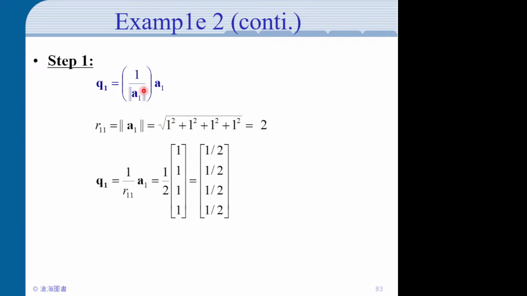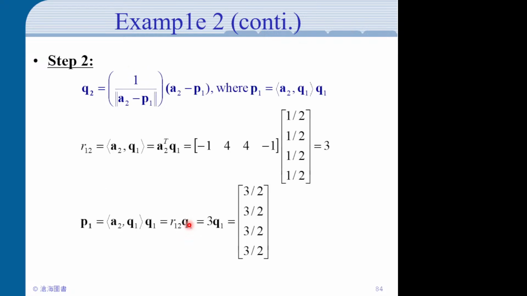Okay, so the first vector is (1, 1, 1, 1), and its norm is the square root of 1 plus 1 plus 1 plus 1, which is 2. So Q1 is x1 normalized, and it is 1/2 times (1, 1, 1, 1). Okay. And for Q2, as we said, we want to get rid of its projection onto Q1.